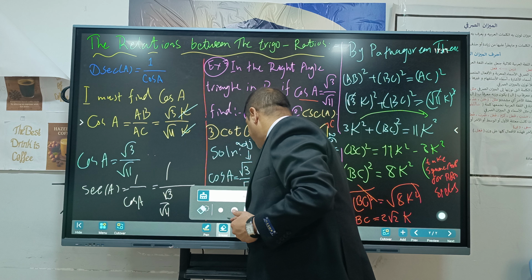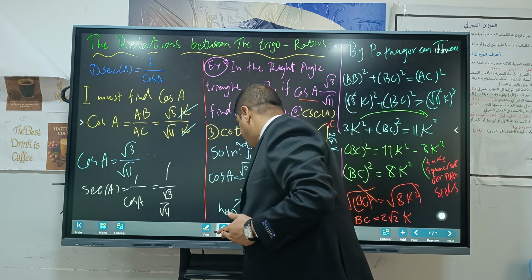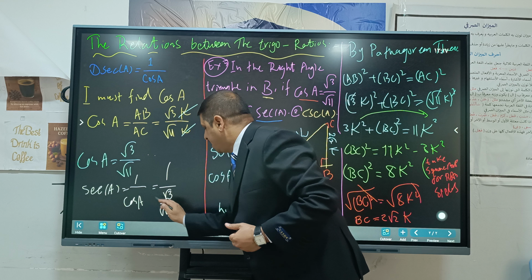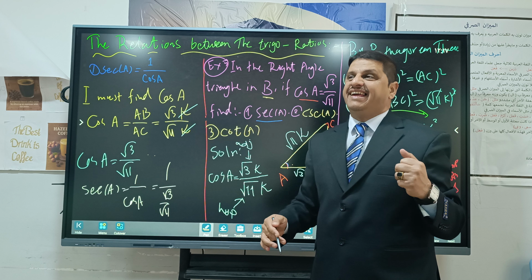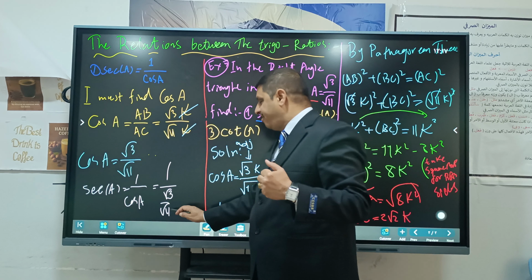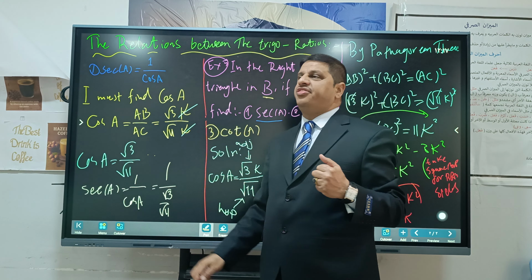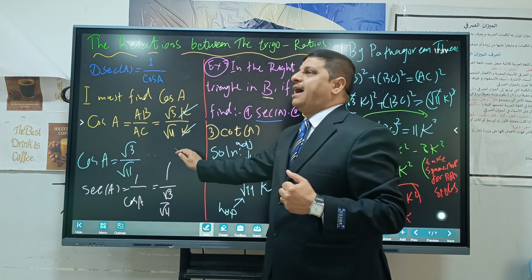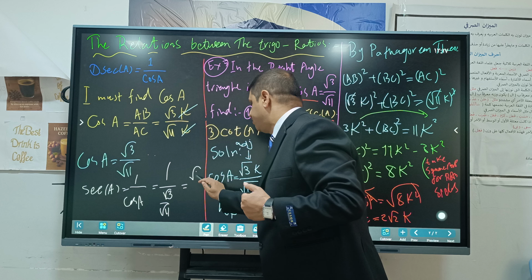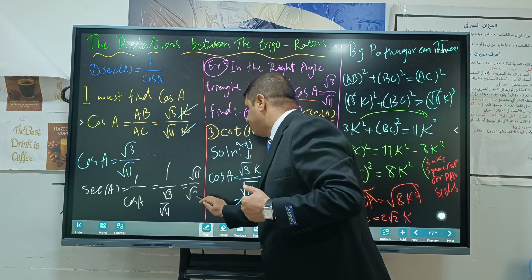Okay? Look. The denominator must be multiplied by the numerator: square root of 11 times 1, square root of 11 over square root of 3.